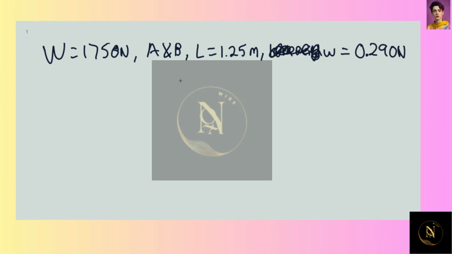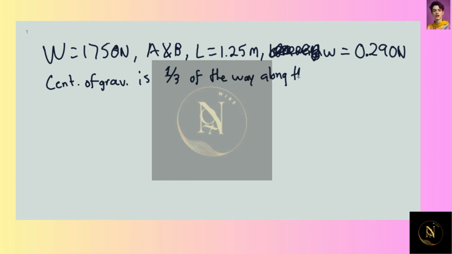At this point, we can say the center of gravity is 1/3 of the way along the beam from A, which is at the end.